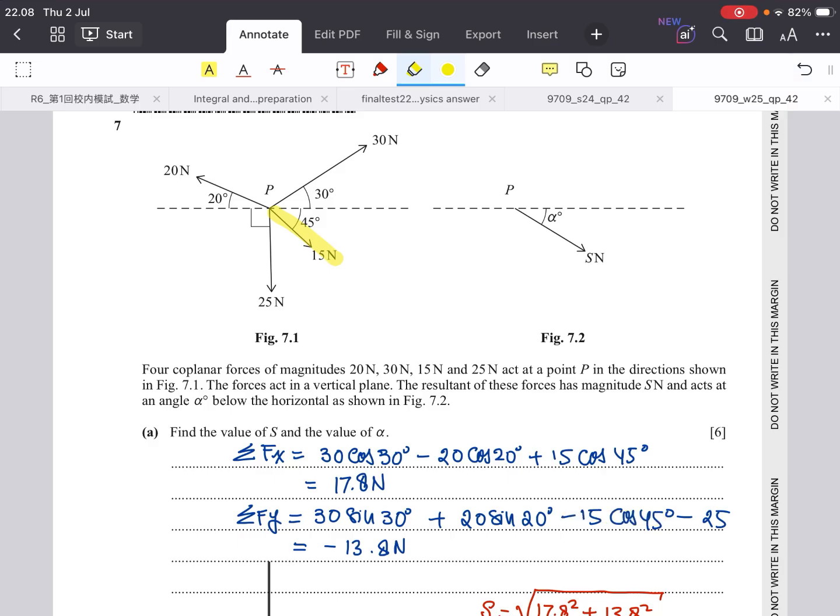And for the last force, F4, it's also negative since the direction is downward. So the net force in y direction is negative 13.8 Newton.